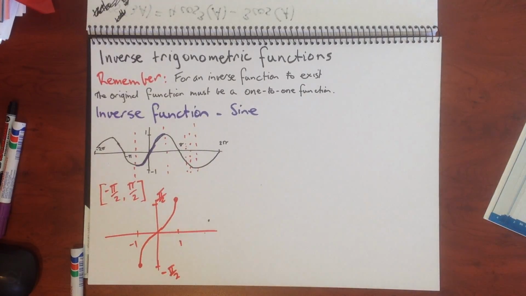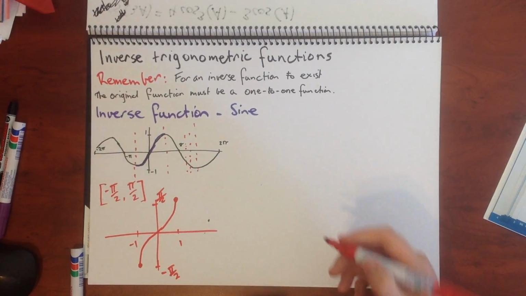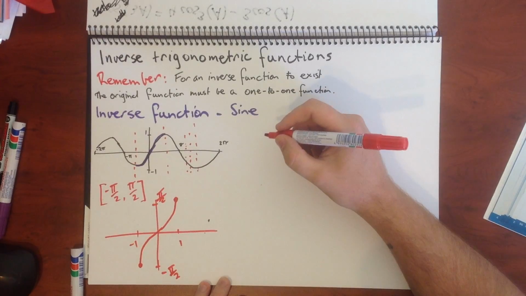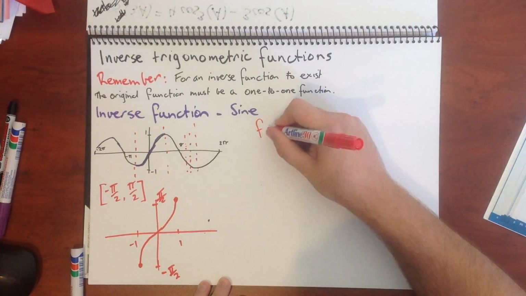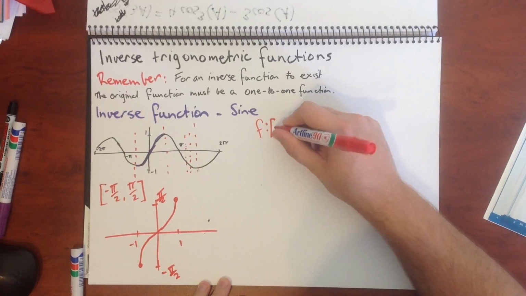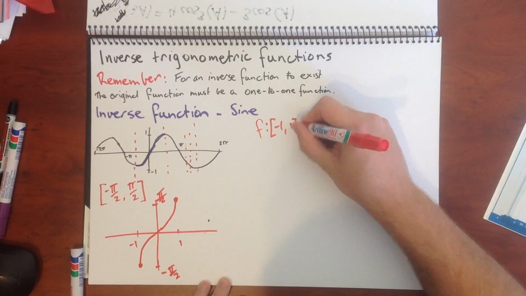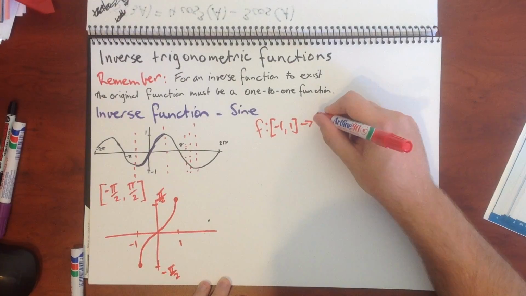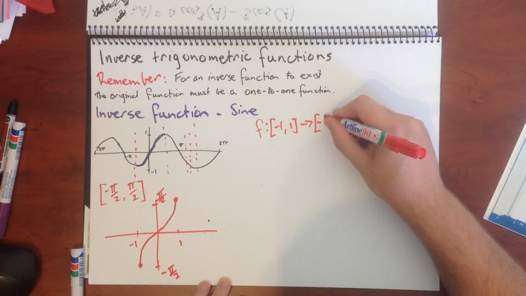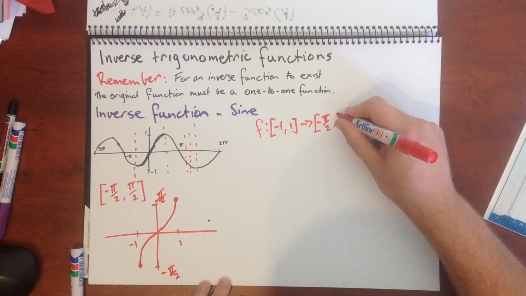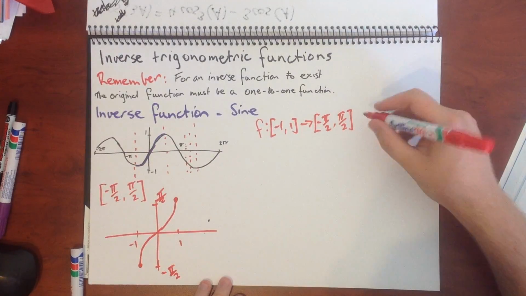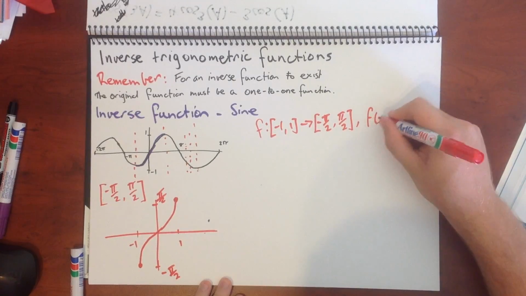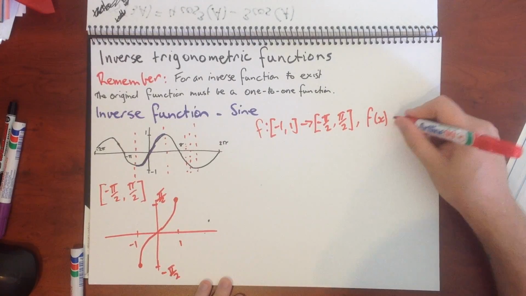Our general results of the inverse for sine is that we have our function defined from -1 to 1, going to negative pi on 2 to pi on 2, and that is how we define our inverse.